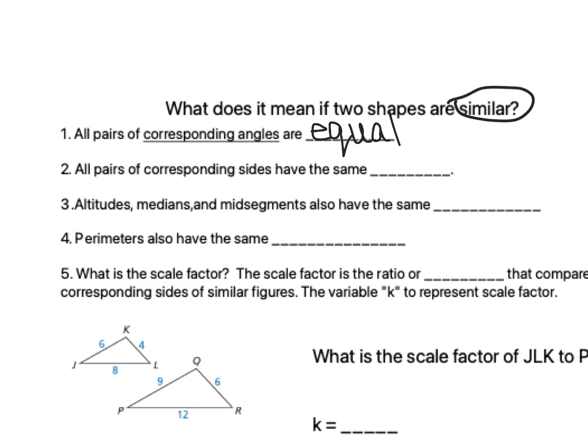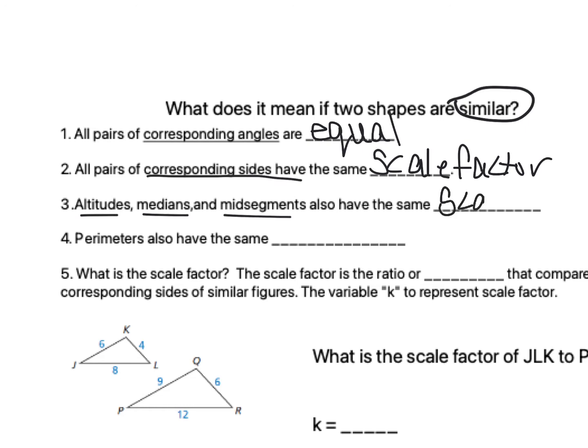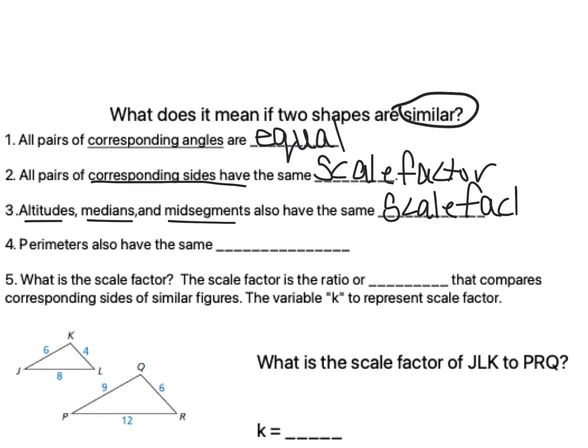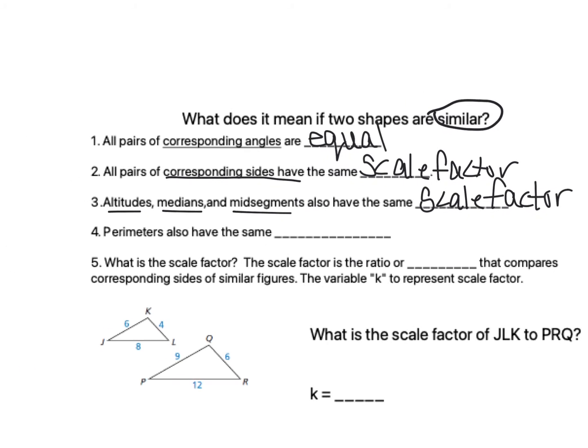All pairs of corresponding sides have the same scale factor. Okay. Also, altitudes, medians, and midsegments have the same scale factor. And one other thing, perimeters also have the same scale factor.